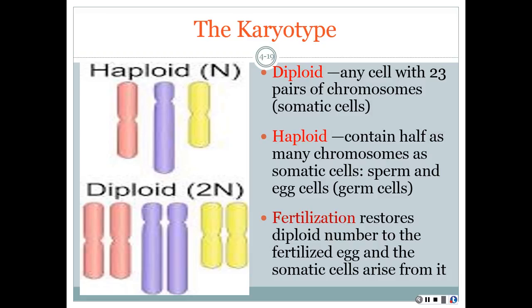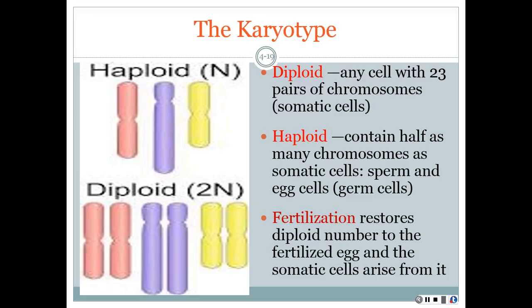Any cell with 23 pairs of chromosomes is said to be diploid. Sperm and egg cells, however, are haploid, having half as many chromosomes.